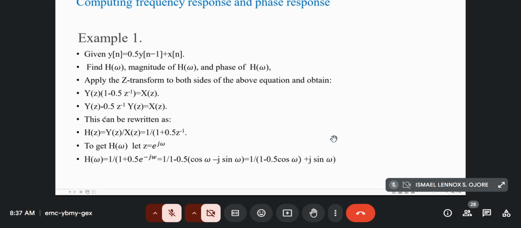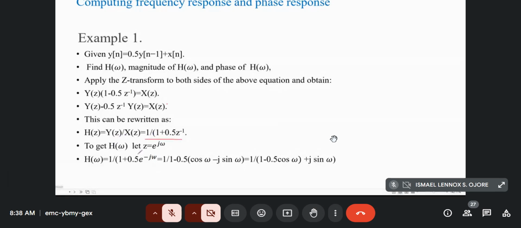So this can be written as H(z) is Y(z) over X(z), which is that.